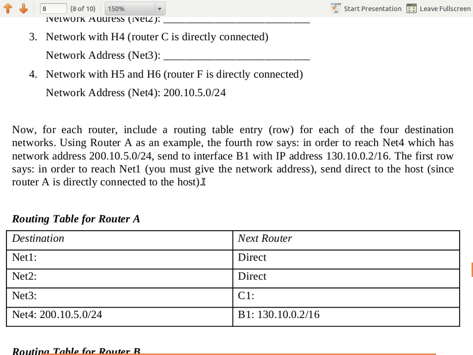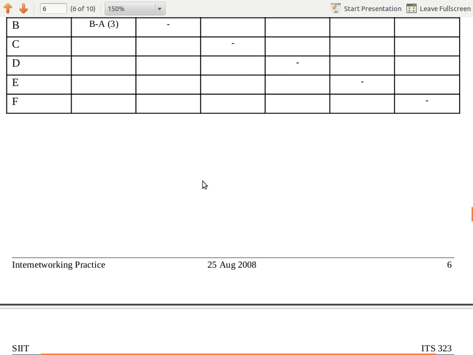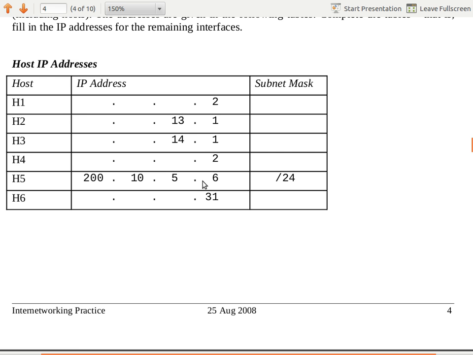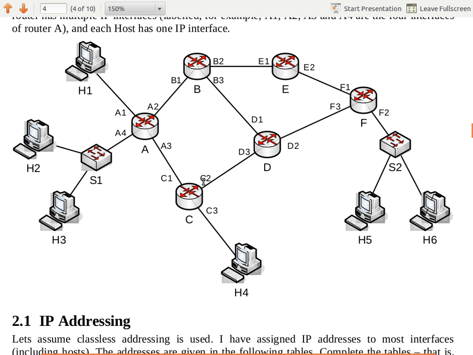A question is, why do we go to B1? Let's go back to our network. If we're at router A, we want to reach this network. Okay, network 4.